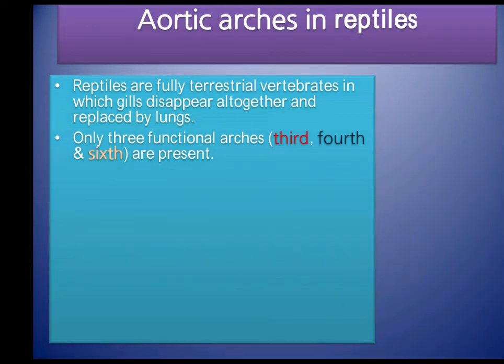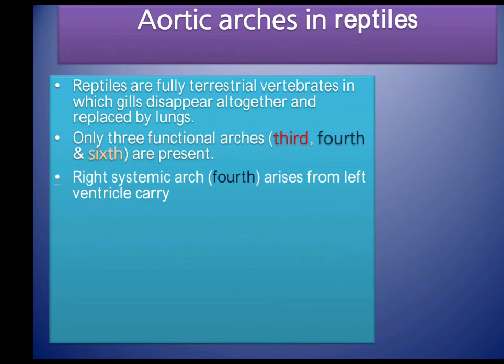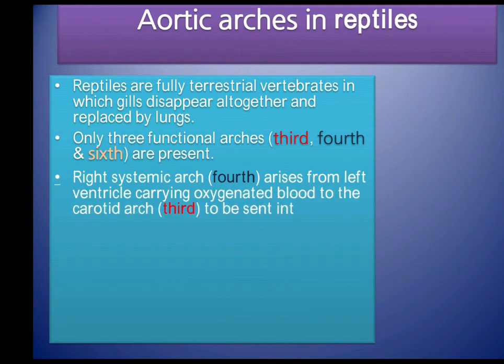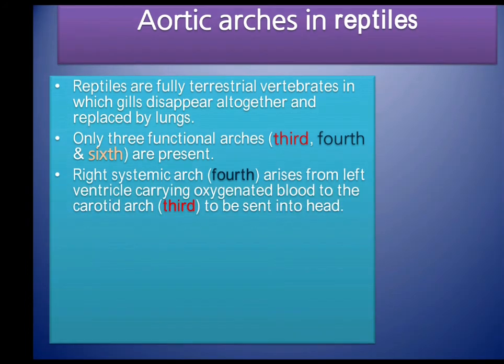So, if I go further into this slide, the right systemic arch from the fourth, because systemic arches are formed by the fourth pair of the arches. So they arise from the left ventricle carrying the oxygenated blood to the carotid arch. So this is a very, very important thing.